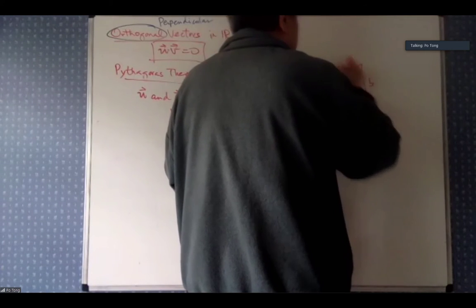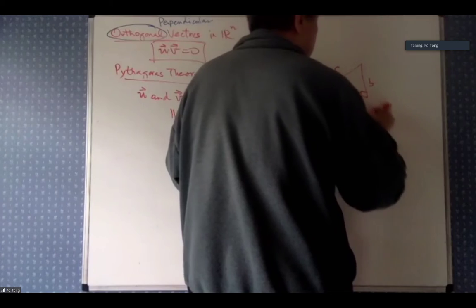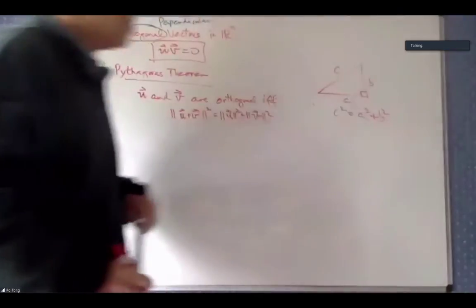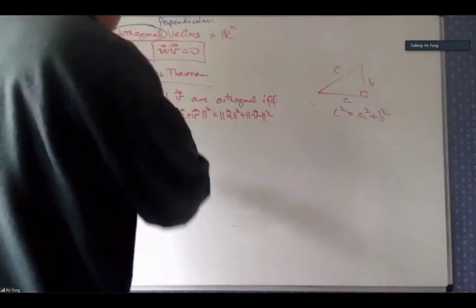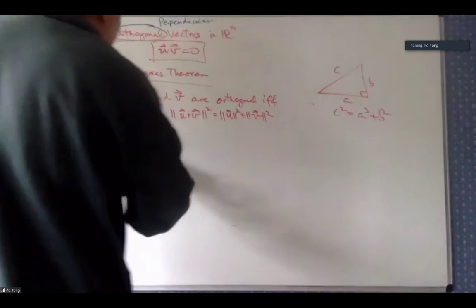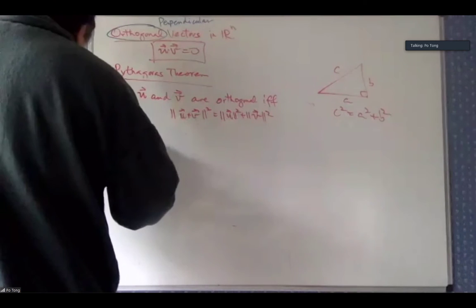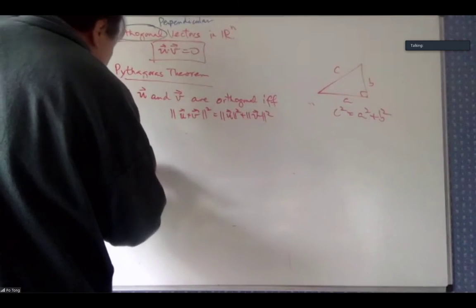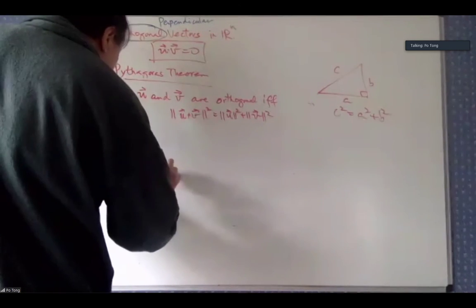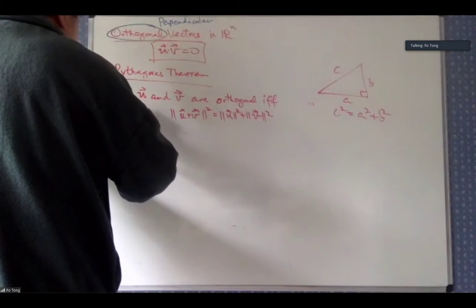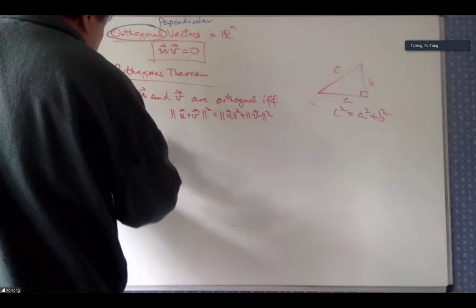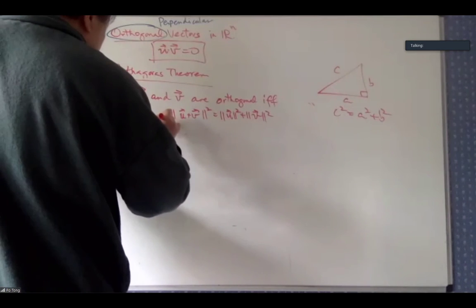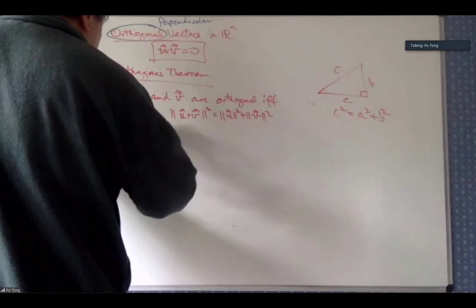So this is a, b, and c squared equal to a squared plus b squared. The way in our terminology it looks like this. We have our u, we have our v, and this one will be u plus v.